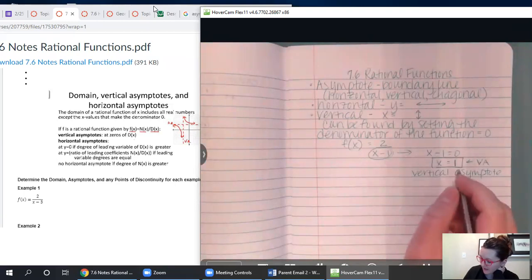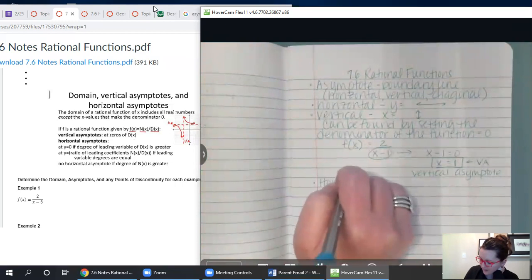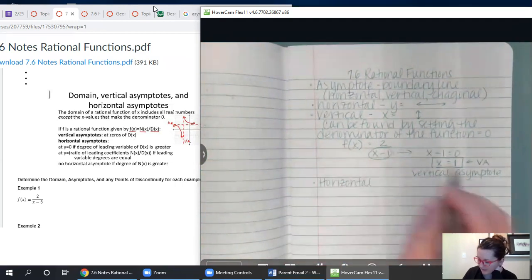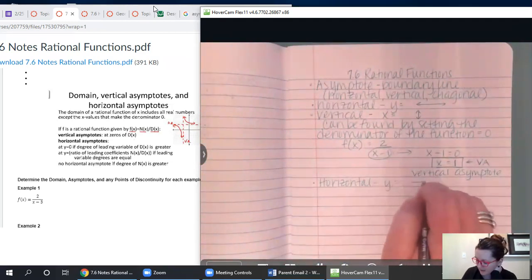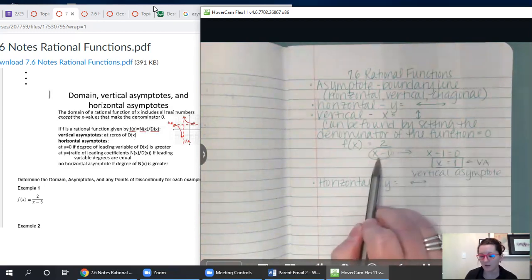All right, so that was vertical. Now let's move on to horizontal. Remember, it's going to be written as a y equals, and it's going left to right. These specific rational functions are actually called hyperbolas, which we'll learn about a little bit more later. But it says if d of x is greater. So what does that mean? Well, let's look back here.